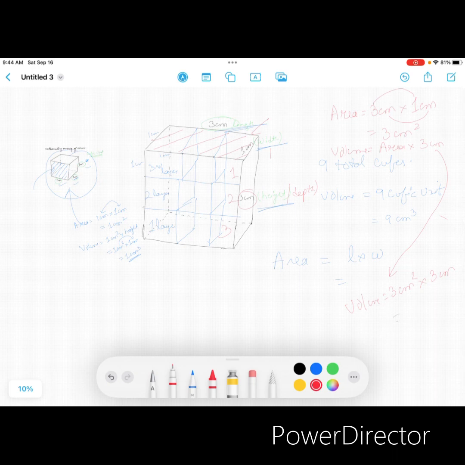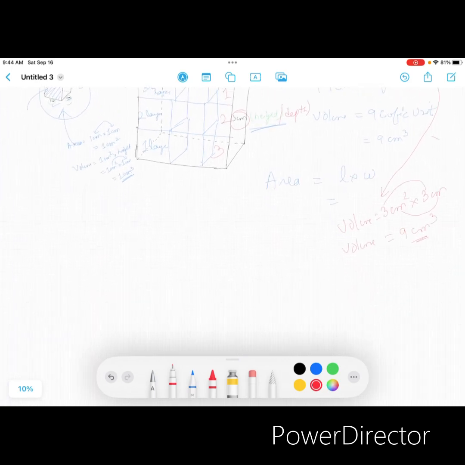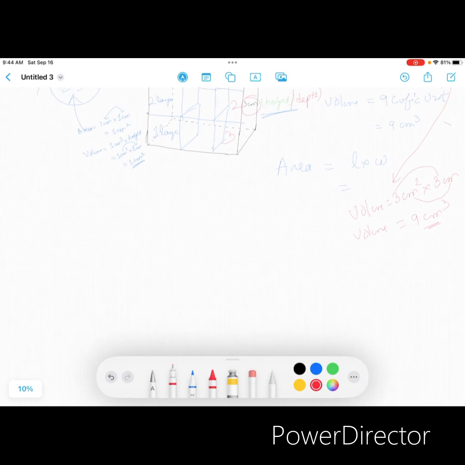So volume is, again, 3 multiplied by 3 is 9 centimeter square, multiplied by centimeter is centimeter cube. So volume of this figure is 9 centimeter cube. Now to derive a formula out of this, we saw that volume is always base area multiplied by either height or depth.